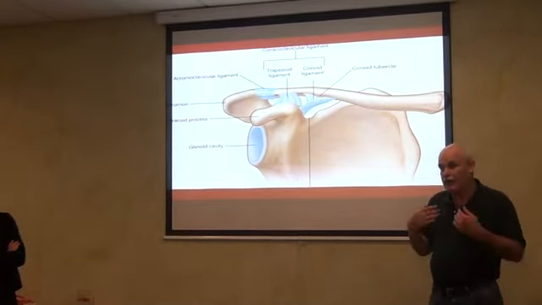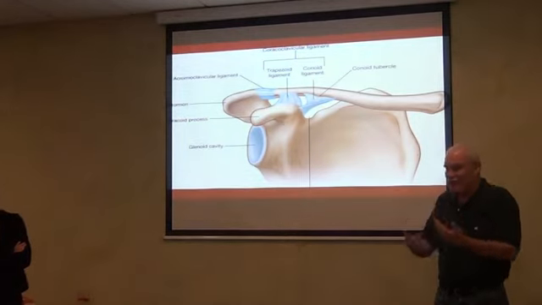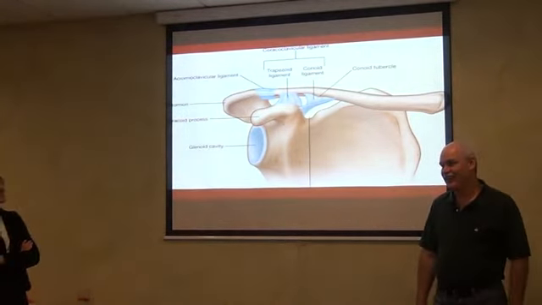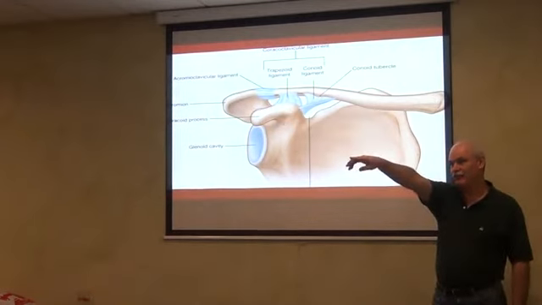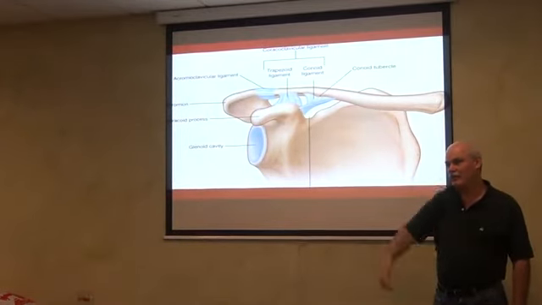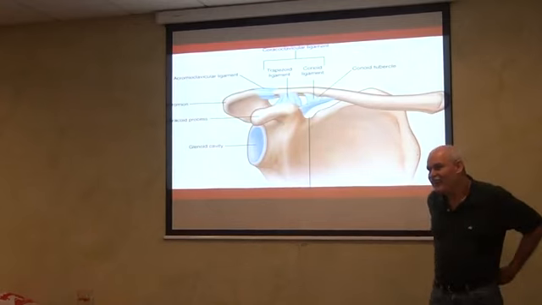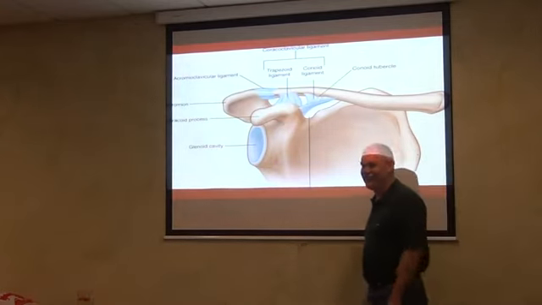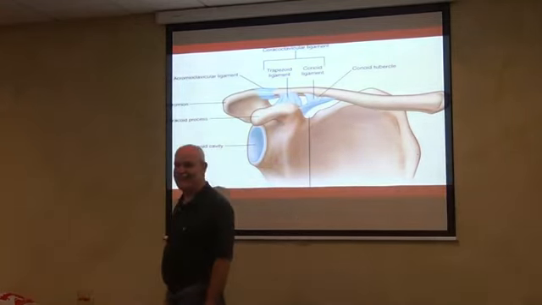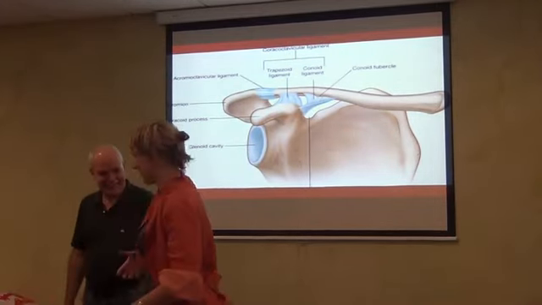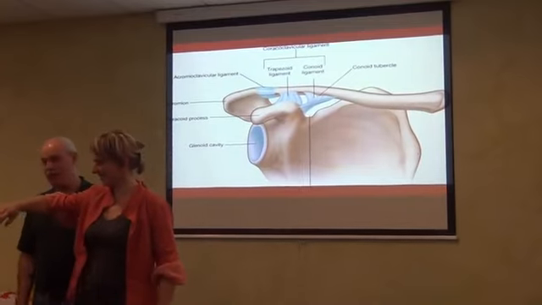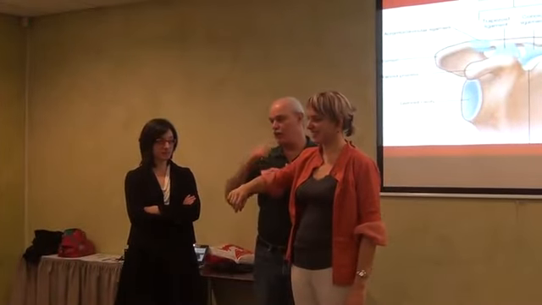Who has a dysfunction of the conoid or trapezoid? One muscle should be weak when I stress the conoid or the trapezoid.